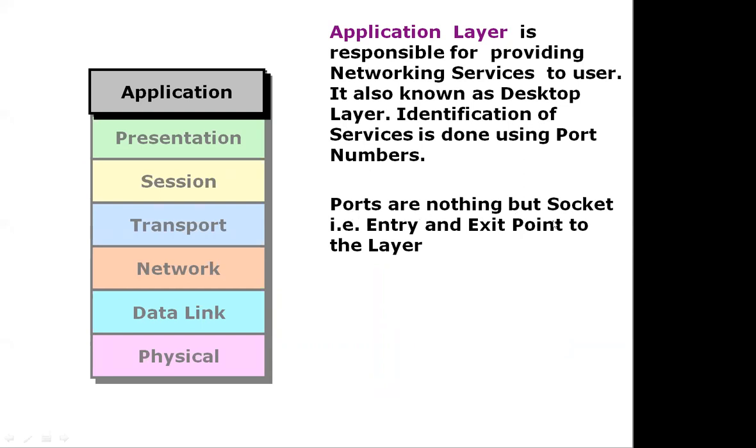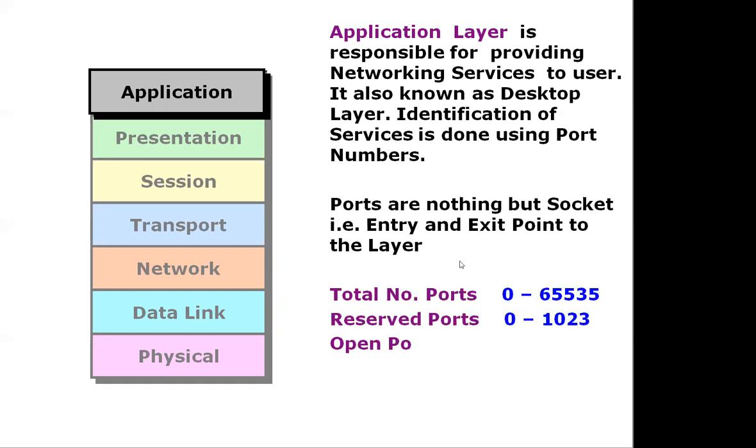Ports are nothing but sockets, the entry and exit points of a layer. In our last lecture, in the protocol lecture, we discussed that the total number of ports is 0 to 65535. From that, reserved ports are 0 to 1023 and the rest are open ports, 1024 to 65535.